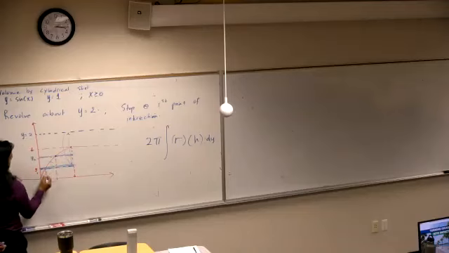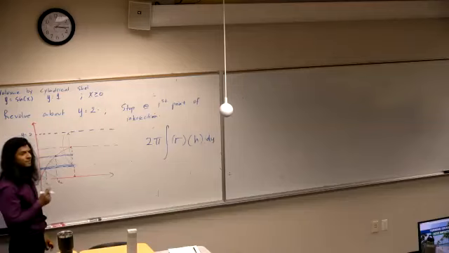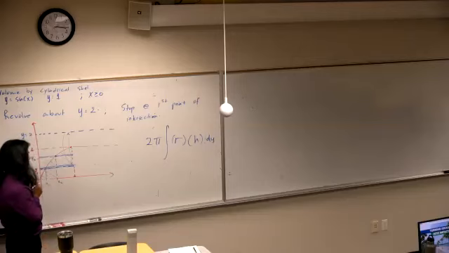There is one x, there is another x, x2, x1. So, what is the height of the cylinder? Right? Pi over 2 minus sine x. Pi over 2 minus sine x. Why is it pi over 2 minus sine x, right? Because at pi over 2, the y value of sine x is 1.